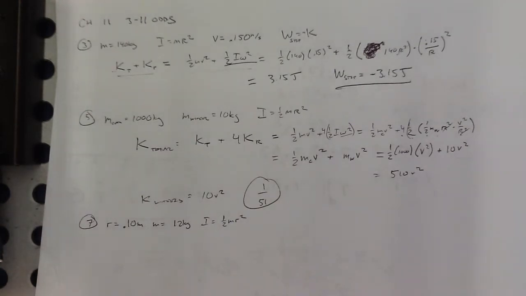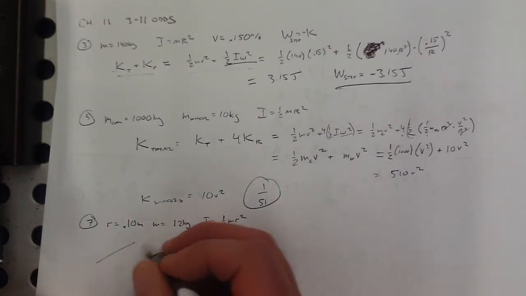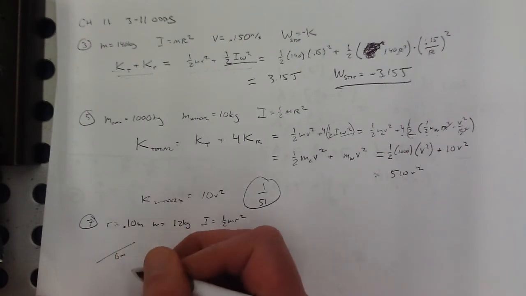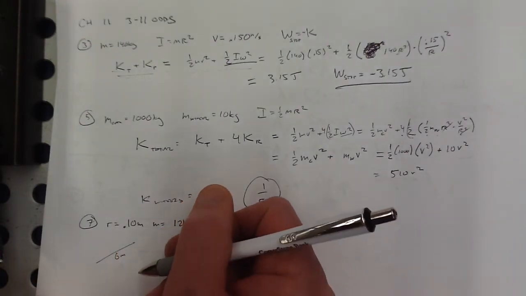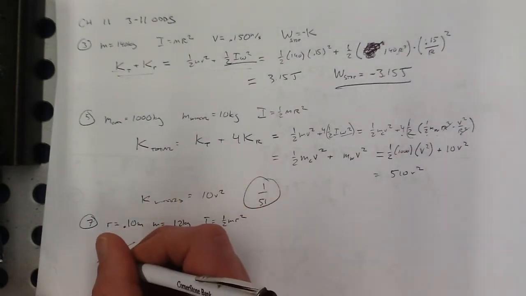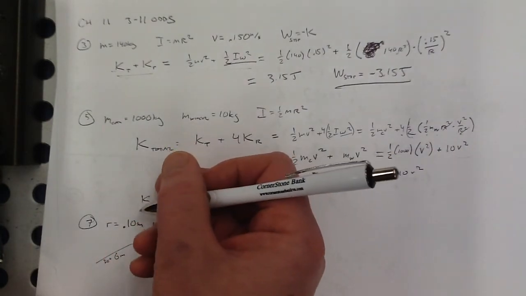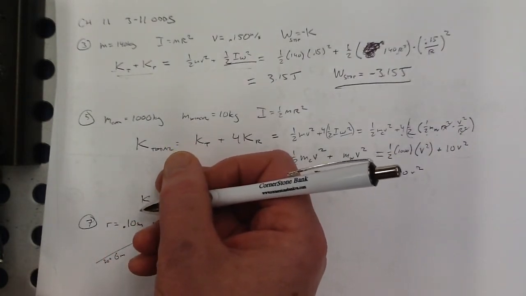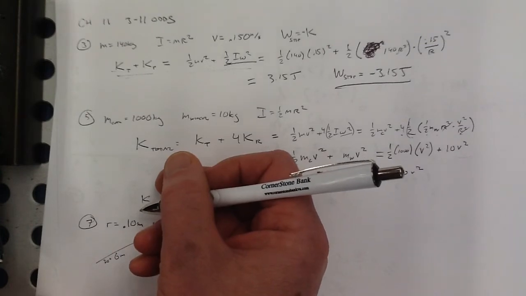Rolls without slipping 6 meters down the roof. It is inclined at an angle of 30 degrees. What's the angular speed of the cylinder about its center as it leaves the roof?